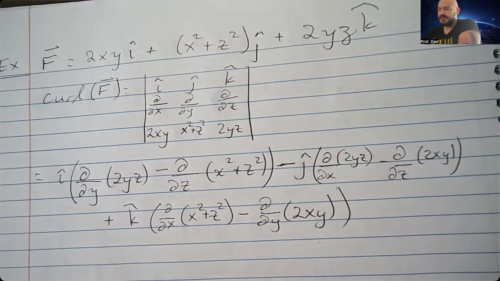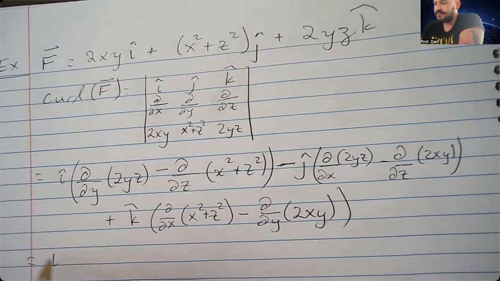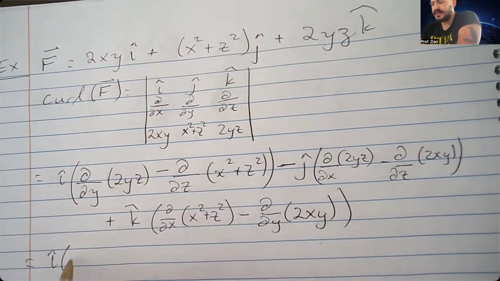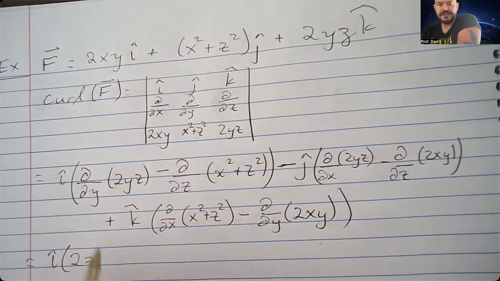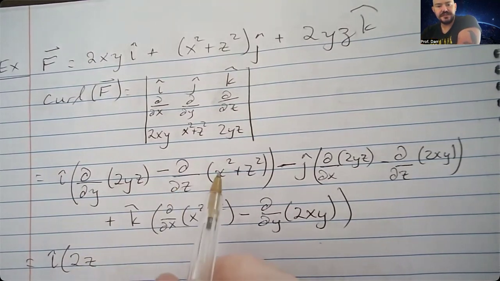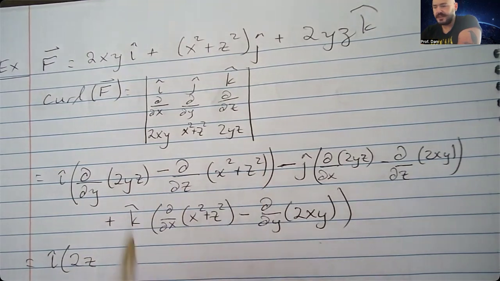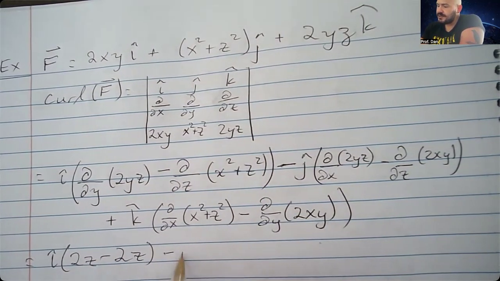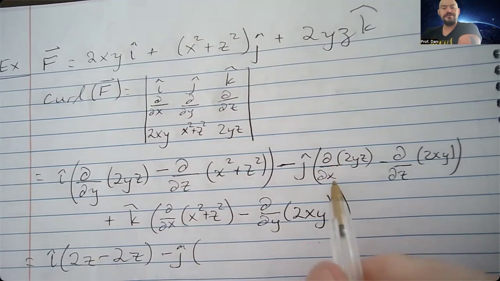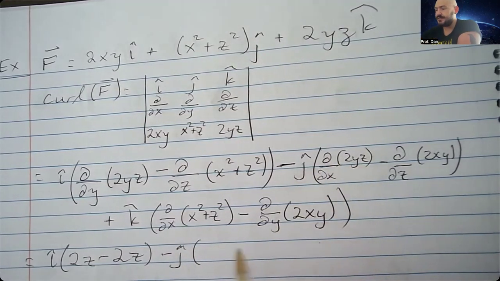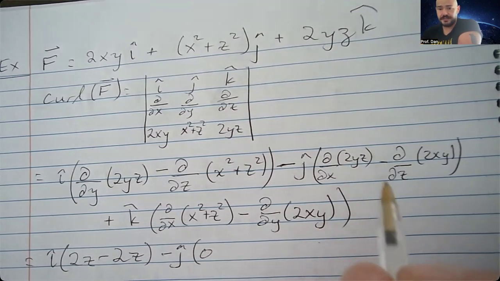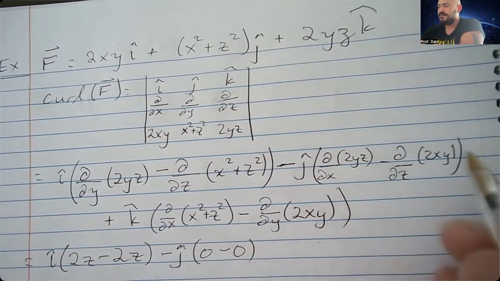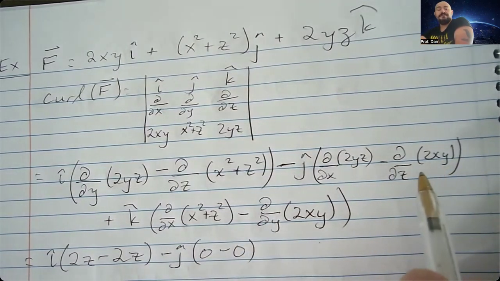Okay, so now if I look at this, partial with respect to y of 2yz, that's going to give me 2z. Partial with respect to z of this guy is going to give me 2z. And for my j component, partial with respect to x of that is 0 because there's no x in 2yz. Partial with respect to z of 2xy is also 0 because there's no z in 2xy.